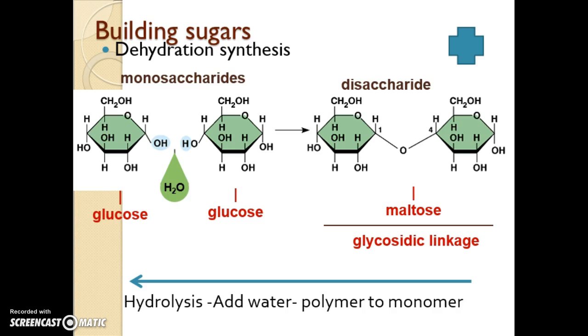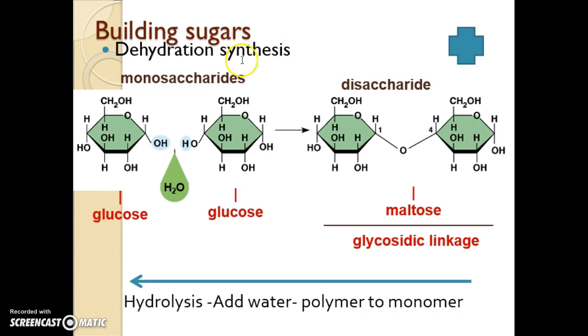The dehydration occurs when one monomer gives up a hydroxyl group, an OH, and the other one that's bonding provides a hydrogen atom. And so in that way we get our hydrogen and our hydroxyl to form our H2Os. So that's where our water comes out and where we get the term dehydration synthesis.